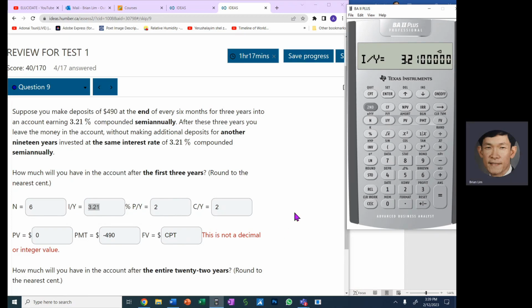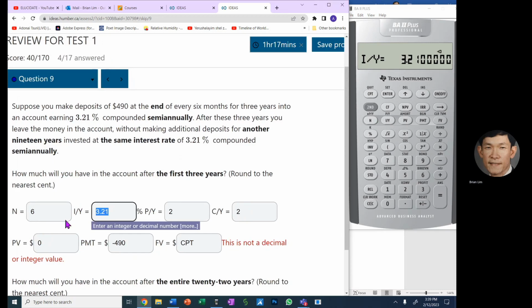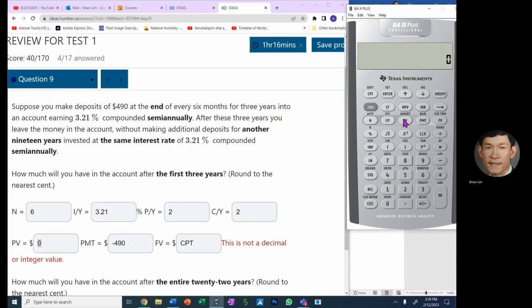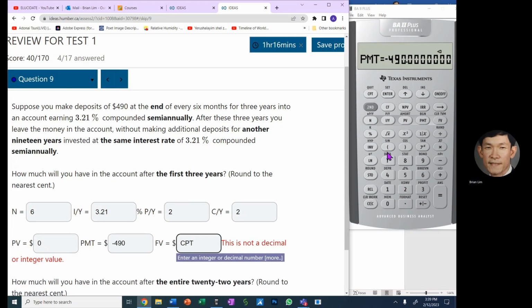The present value, sorry, is 0, as it is right here. The payment is negative $490, so 490 negative payment. Then we will compute the future value.